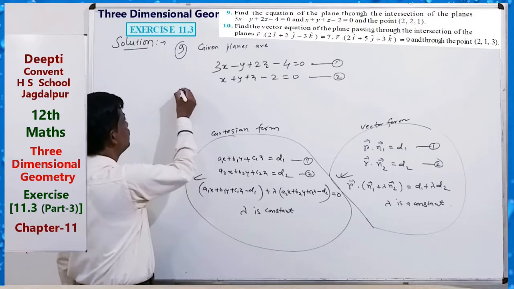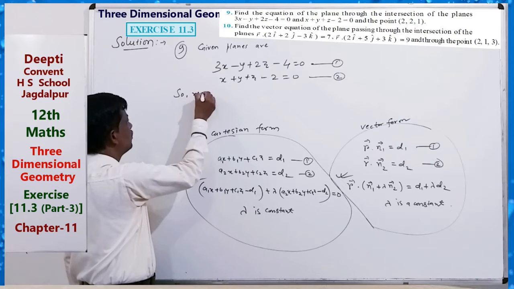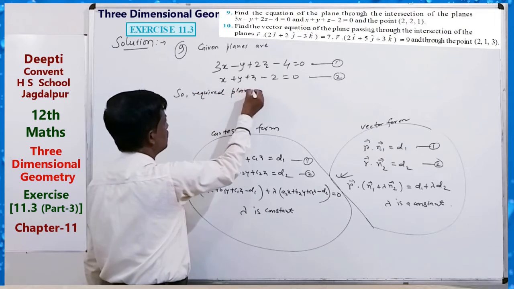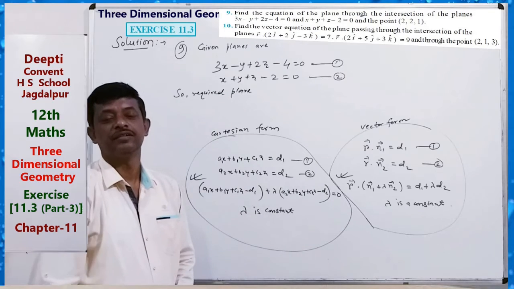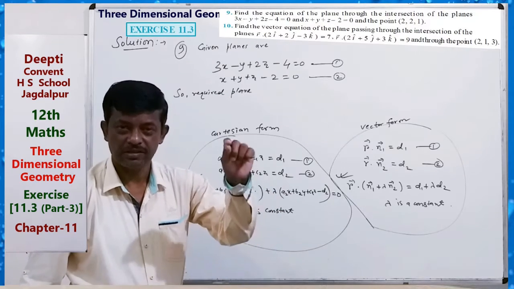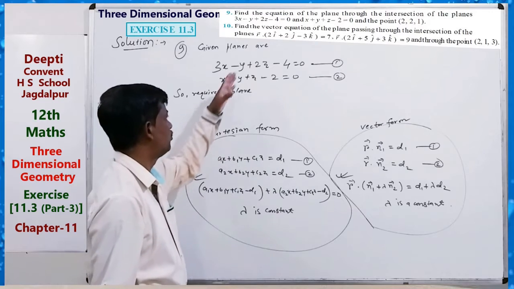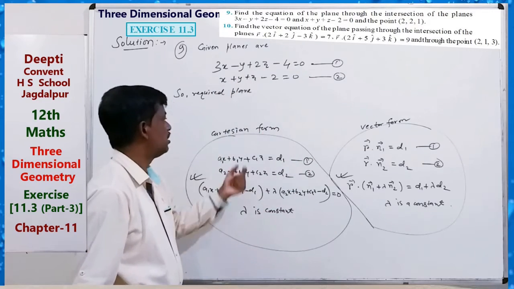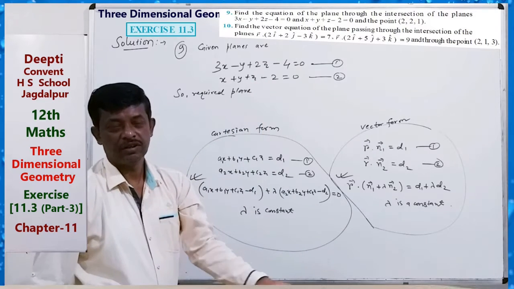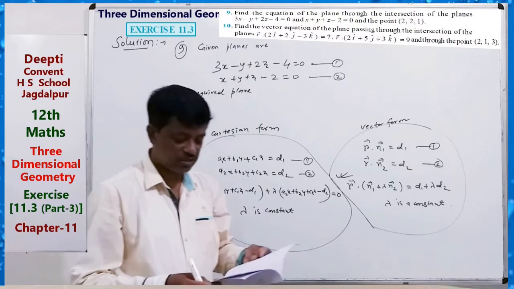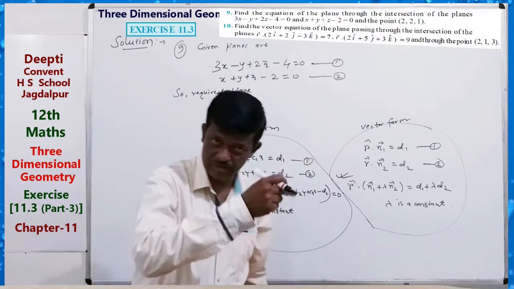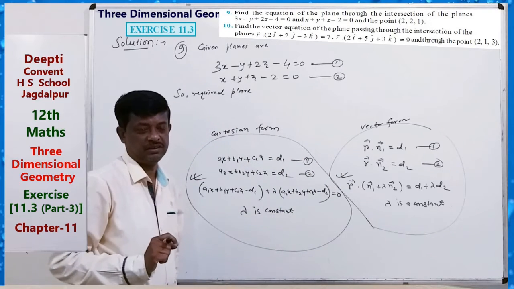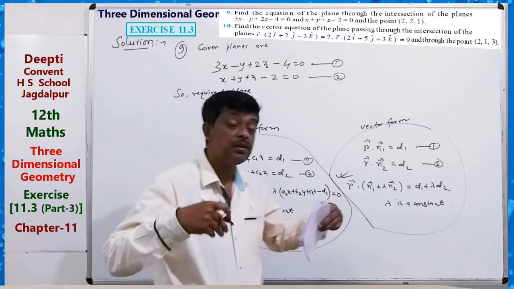So the required plane: the equation of the plane passing through the intersection of planes 1 and 2 is given by this plus lambda into this equals 0, and this plane also passes through the given point 2, 2, 1.